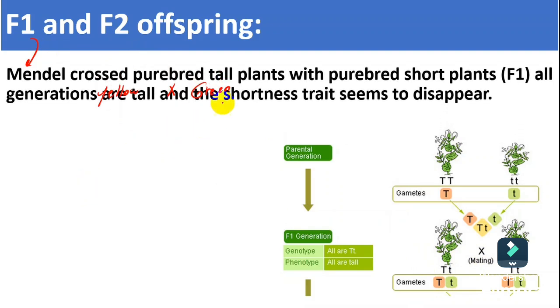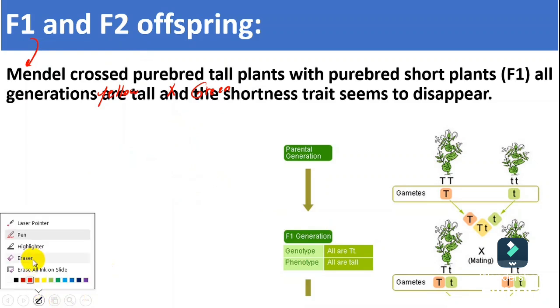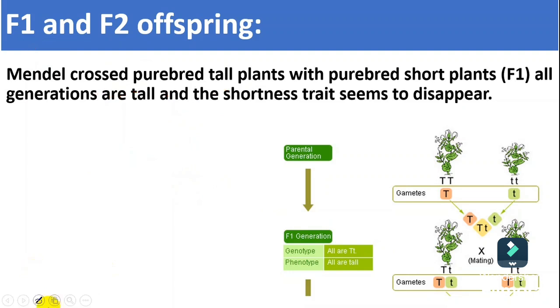So Mendel crossed the purebred tall plant with purebred short plants. All of the generation are tall and the shortness trait seems to disappear completely. And this is the question needed to be answered. Why do we have disappearing of the short plant trait? For example, again, we have a tall pea plant crossed with a short pea plant.